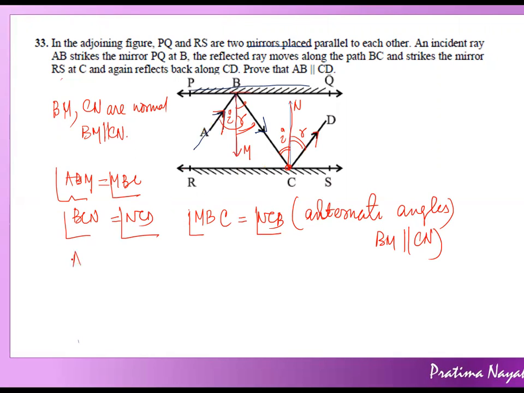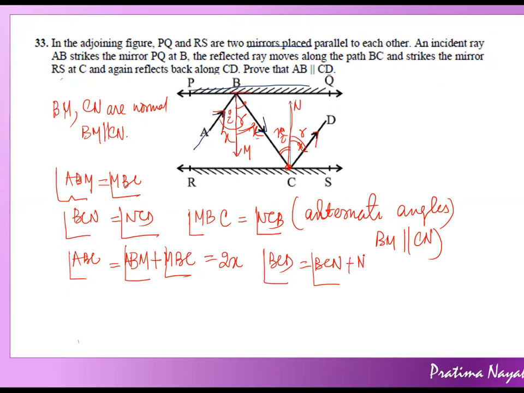So angle ABC is your ABM plus MBC. If I take each angle as X, then it will be twice X. Each angle I'm taking X, X, X. This is also X because alternate angle, this is also X. Similarly, your BCD angle is equal to BCN plus NCD.